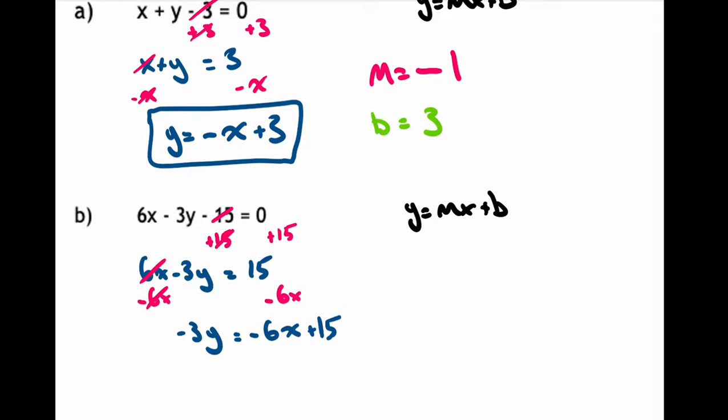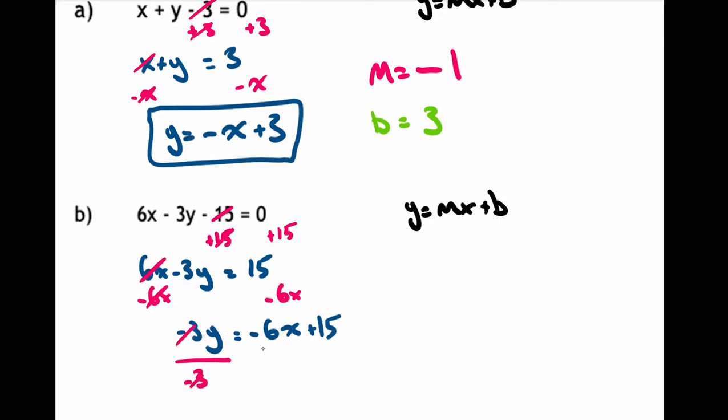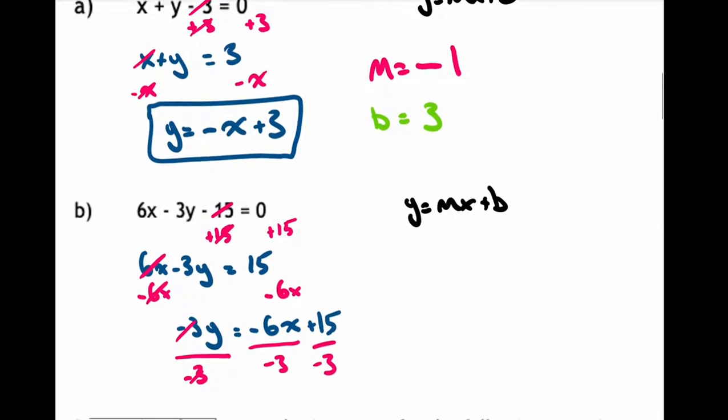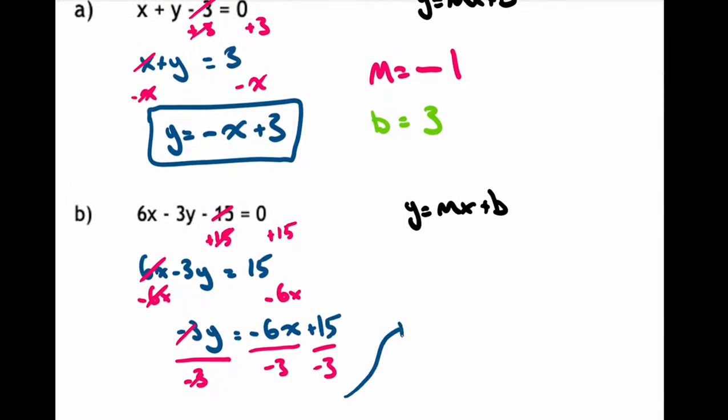So I need to cancel that out. Again, remember, when a number is attached to a variable, the operation is multiplication. So to cancel out multiplication, I'm going to divide. So I'm going to divide the one side by negative 3 and divide everything on the other side by negative 3 as well.